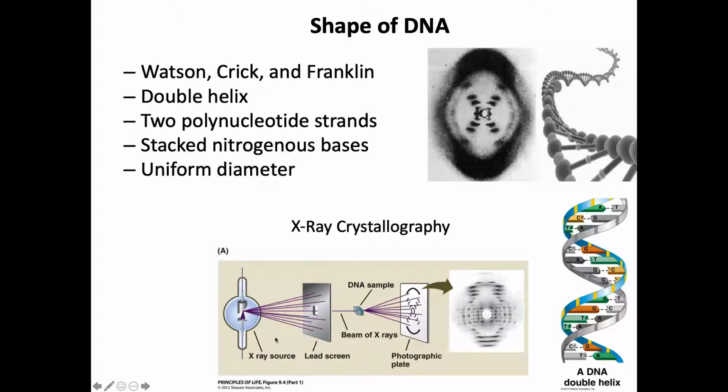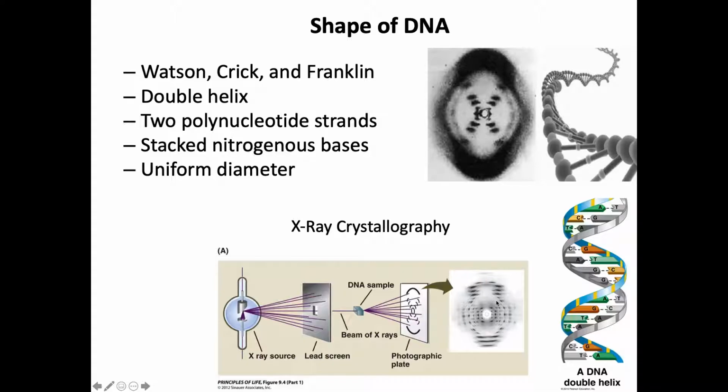They had an X-ray source and then they crystallized a DNA sample, and then they used a beam of X-rays that would hit that crystallized DNA sample. And what it does is it makes a map of the atoms, specifically the electrons in the DNA molecule, to form a pattern.